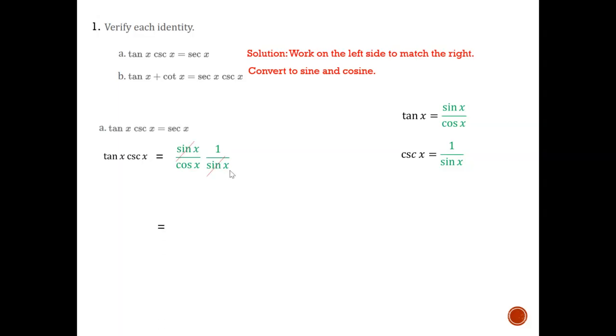So we're left with 1 over cosine, and secant is equal to 1 over cosine. So I matched the right side. Again, you work on the left side to match the right side. That's how you prove or verify the identity.